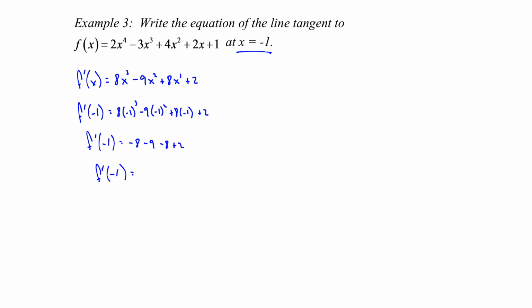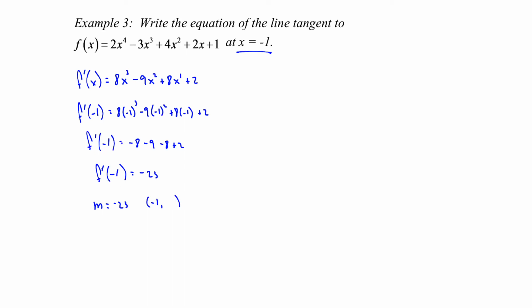So f prime of -1 would be equal to -16, looks like -23. So what do we know? We know that the slope of the tangent line is -23 at x equals -1. We don't have the point though.